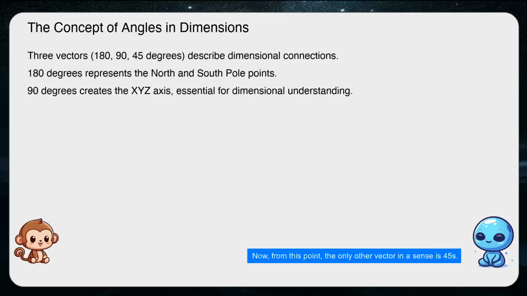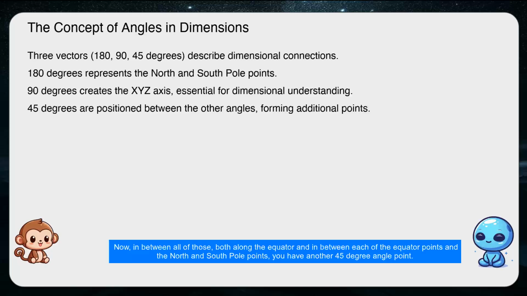Now, from this point, the only other vector, in a sense, is 45s. You've already gone 180. You've done the 90s. Now, in between all of those, both along the equator and in between each of the equator points and the North and South Pole points, you have another 45-degree angle point.